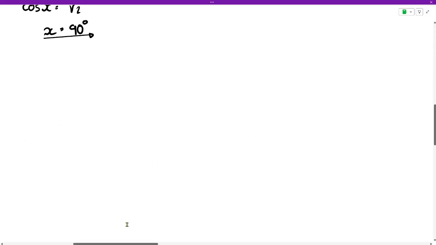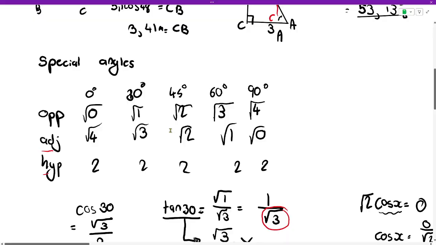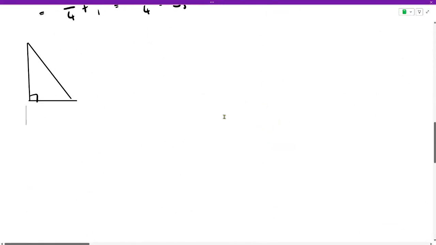Oh no, wait, I did this with you guys. I did it here. Okay, you understand this then, where you have to find an angle or maybe a length.